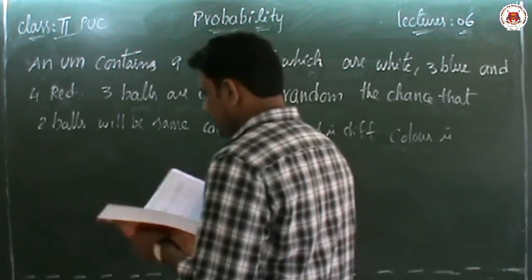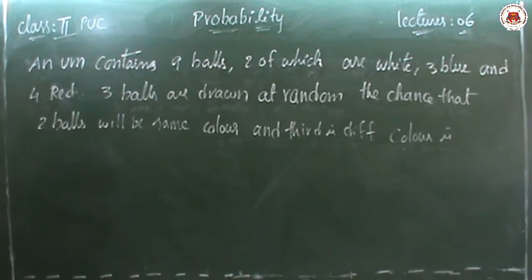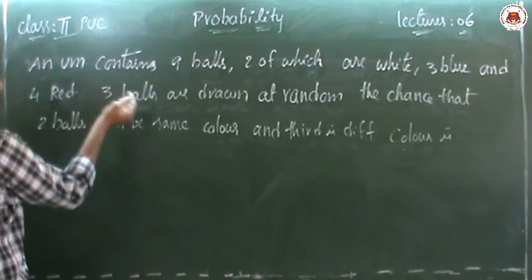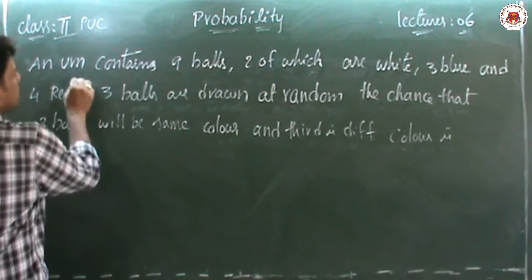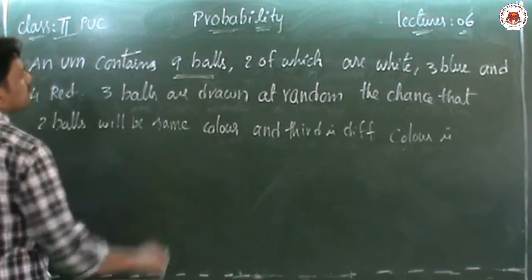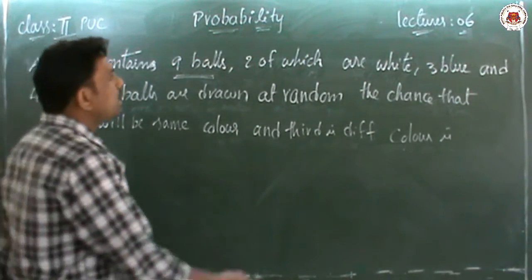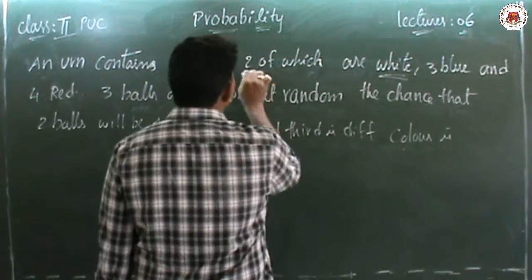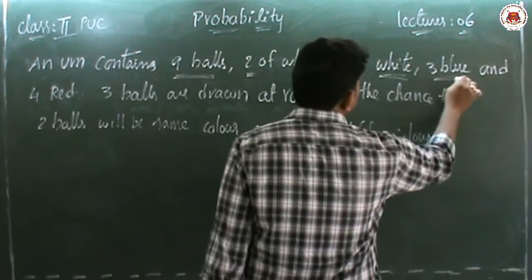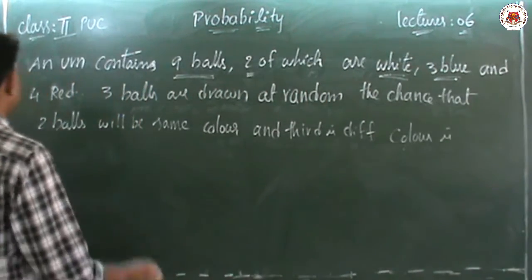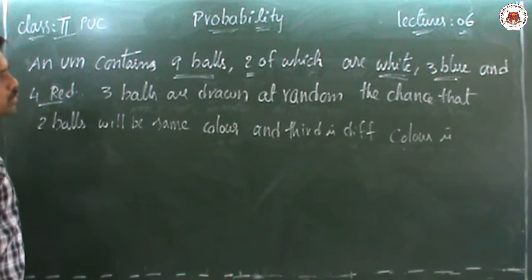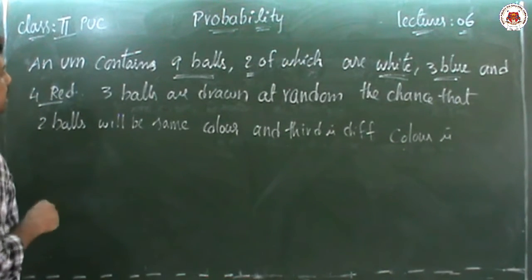This is the question. So listen, the question is very lengthy but the solution is very easy. An urn is nothing but a container of balls. Total how many balls are there? 9 balls are there. Here white balls are 2, blue balls 3 and red balls 4. So there are 3 types of colored balls, total 9.